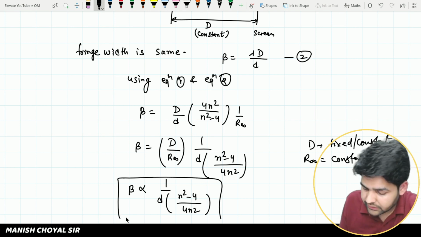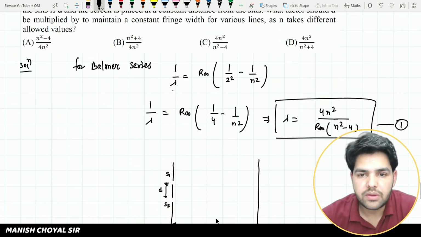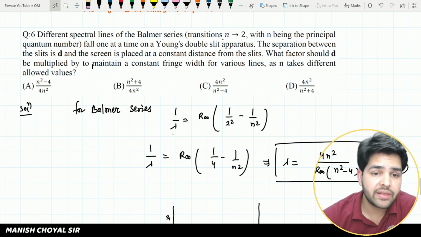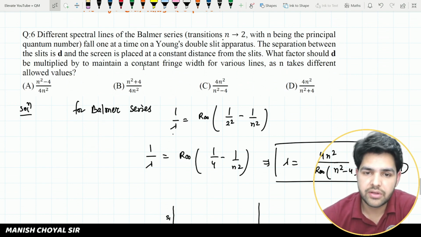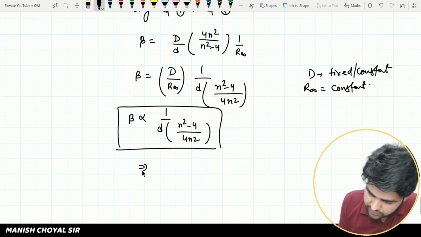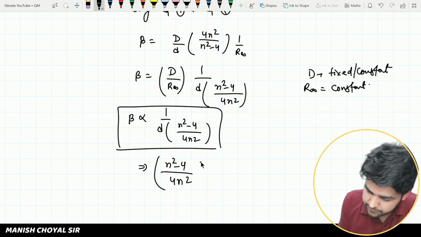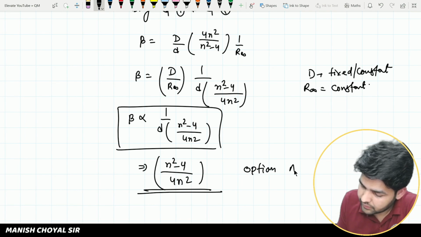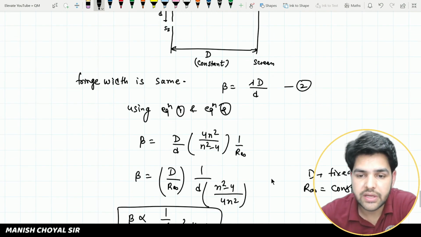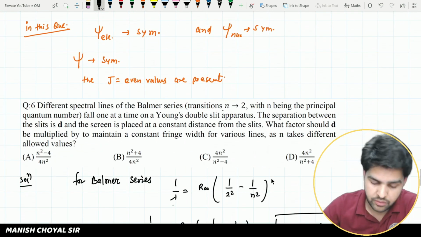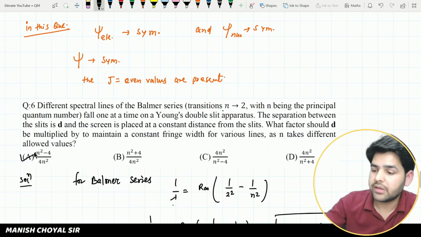Now the statement of the question: by what factor should d be multiplied to maintain a constant fringe width? So the multiple of d is (n square minus 4) divided by 4n square. This is option A, so the correct option is A. Okay, thank you.